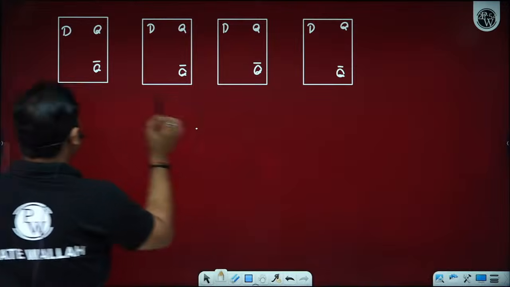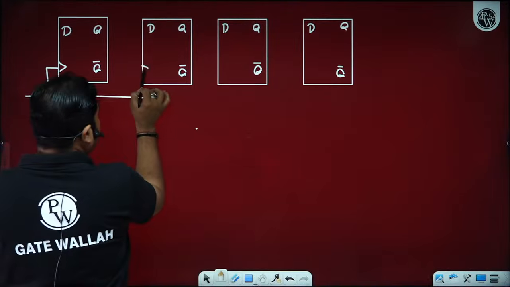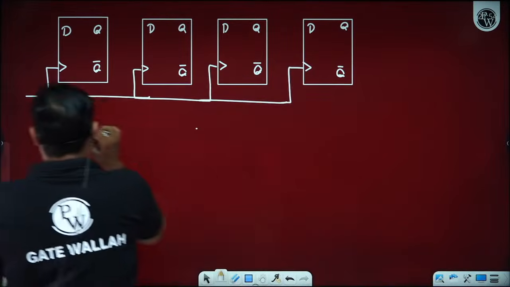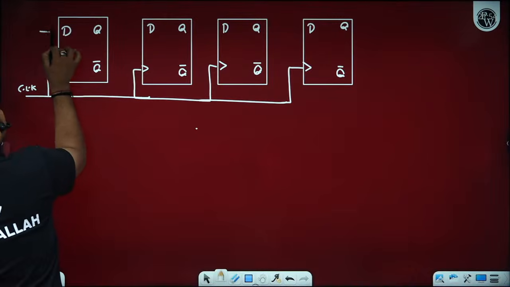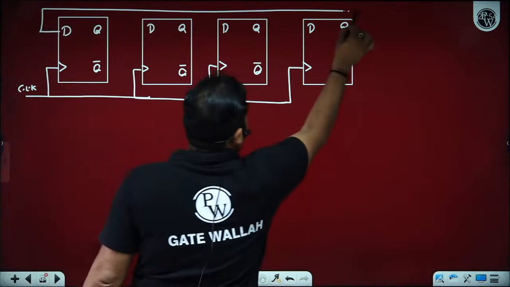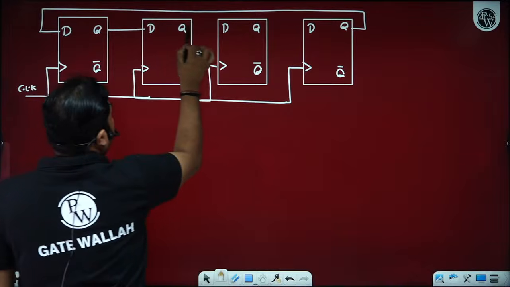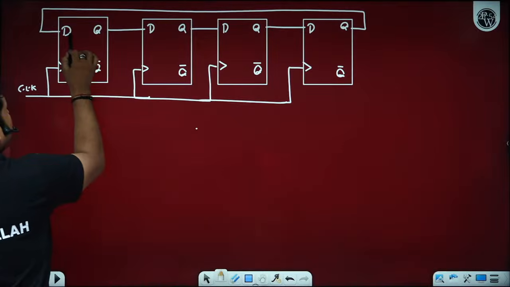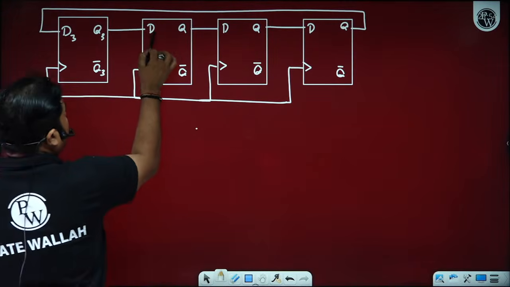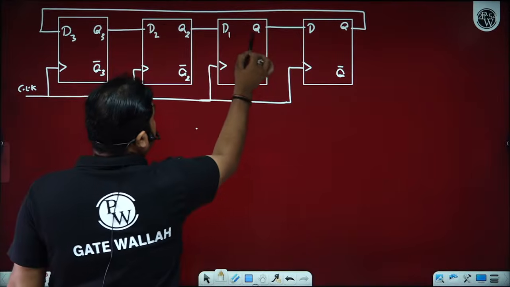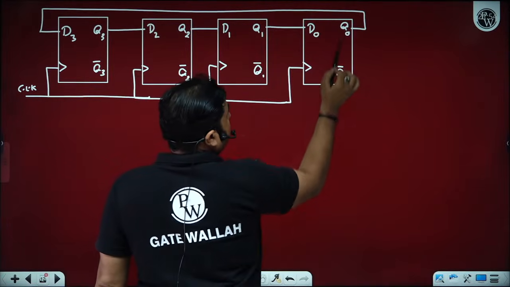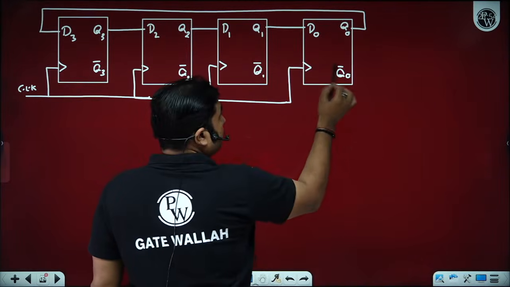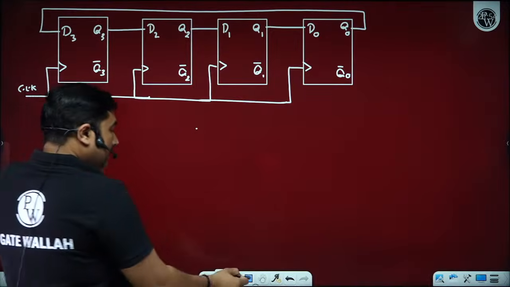All are connected with the same clock, which means all will get activated at the same time, and the last flip-flop output is connected to the first flip-flop input. This is D3, Q3, Q3 complement, D2, Q2, Q2 complement, D1, Q1, Q1 complement, D0, Q0, Q0 complement. How does it work?